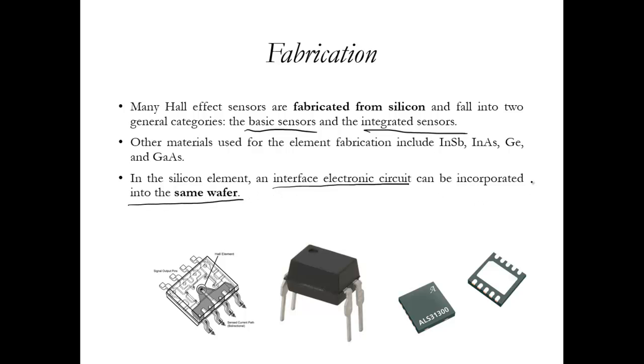So we can develop these MEMS devices, or integrated circuits like amplifiers, operational amplifiers, or MOSFETs, at the silicon level. So all this, the basic conductor and the other circuitry, can be developed on the same silicon wafer, and we can etch it out at the MEMS level, and then we can have something like this as the Hall effect sensors.